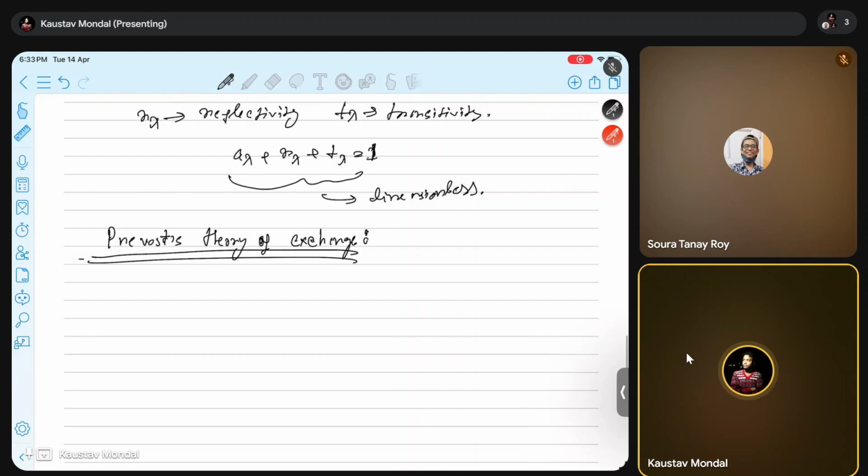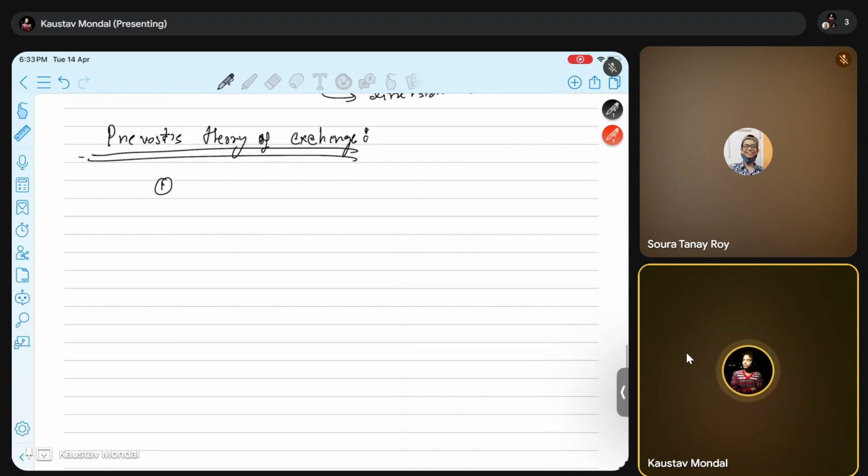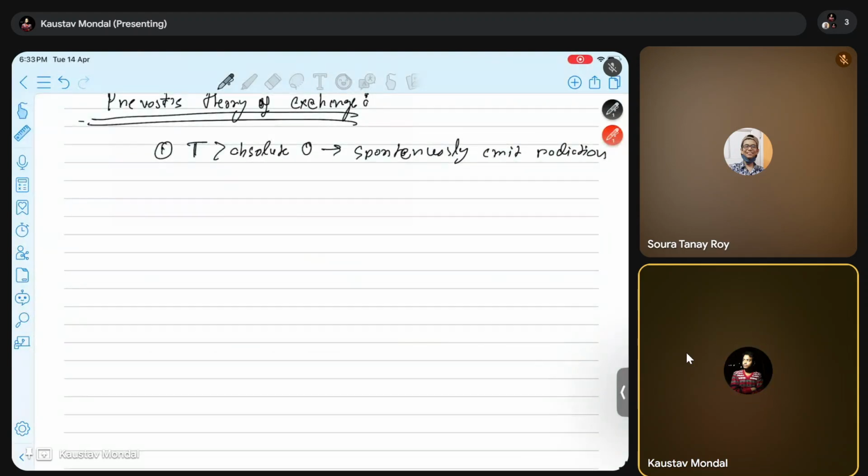What this theory basically tells is, first, if any body has a temperature greater than absolute zero, it spontaneously emits radiation, which we already discussed in the beginning of our discussion.